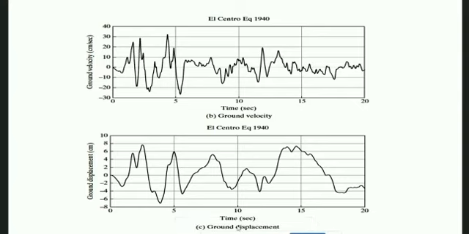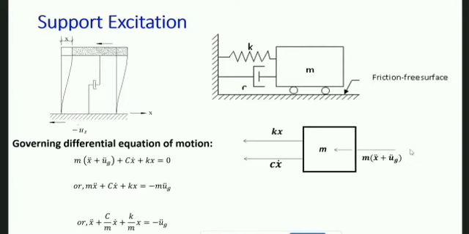So, with this discussion, we will try to go to the concept of response spectra. Let us think about the whole thing in a very simplified way. Let us consider just a one-story system, okay?